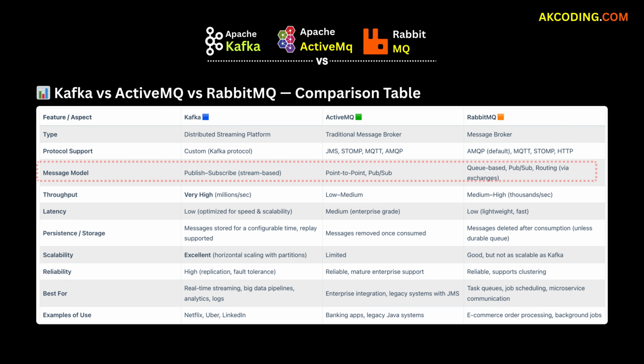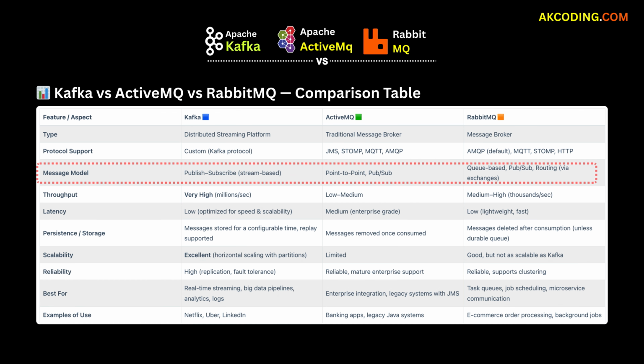Message model: Kafka uses a publisher and subscriber stream based model. ActiveMQ uses point-to-point and pub/sub models. RabbitMQ uses a queue-based pub/sub routing via exchanges model.